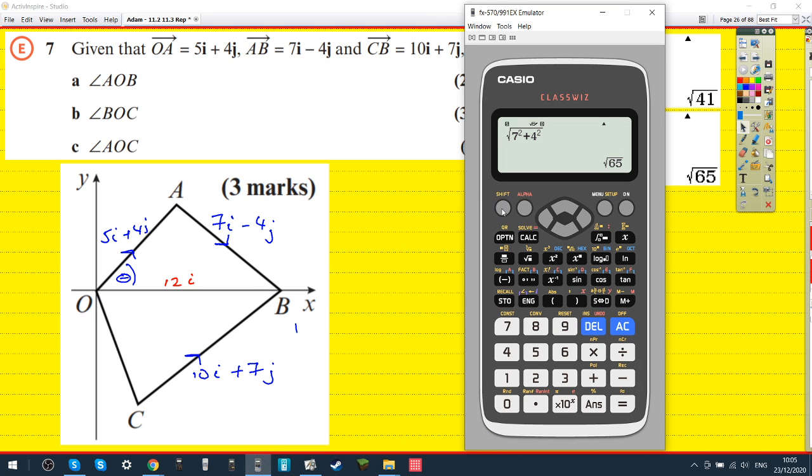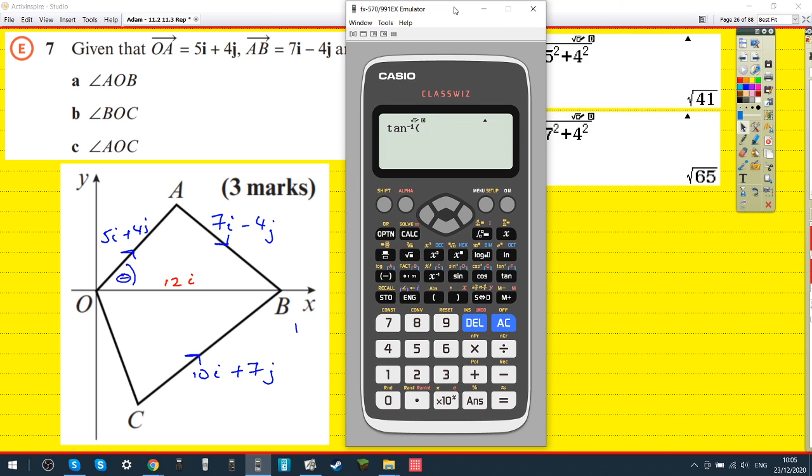I got square root 65 now. Okay, and so how can we use those two? And the third side is 12 to get that angle.